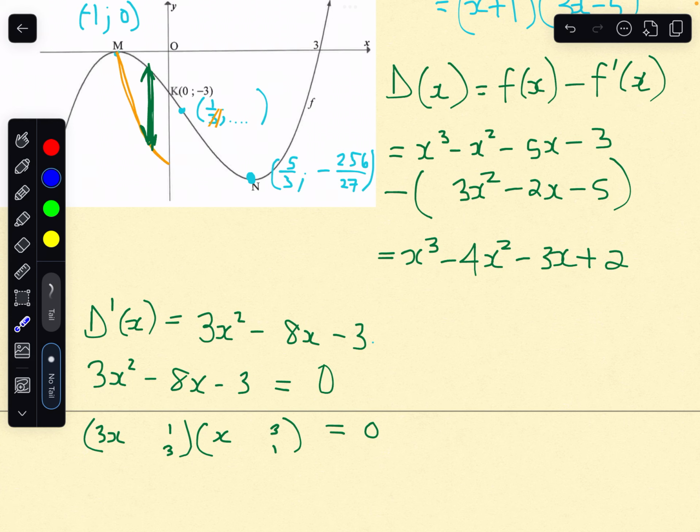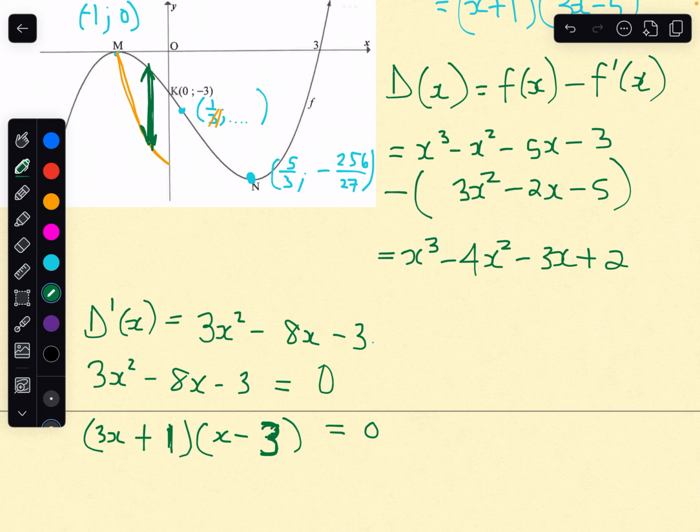X times 1 is 1x. So we could have negative 9x plus 1x, and that would work. So that looks promising. Okay, so we are saying we're going to have 3x times negative 3 and x times positive 1.